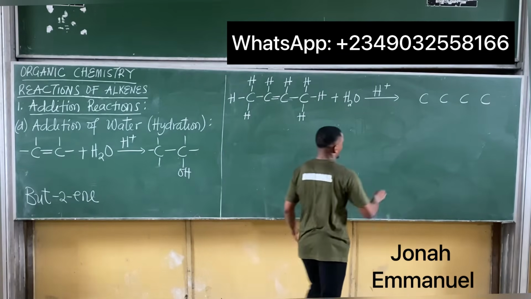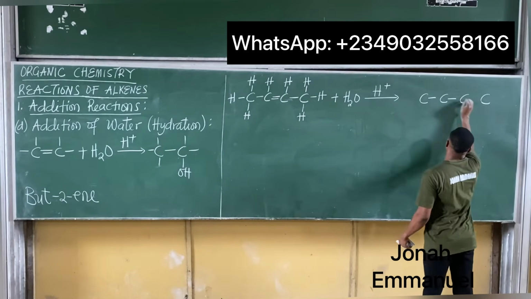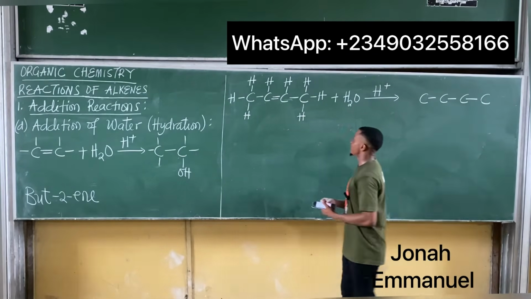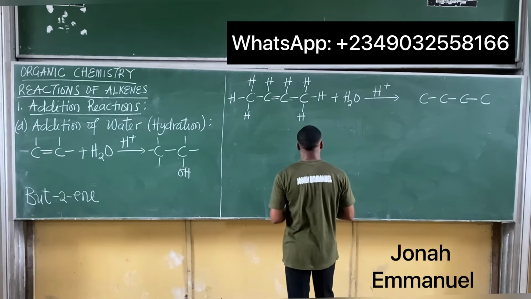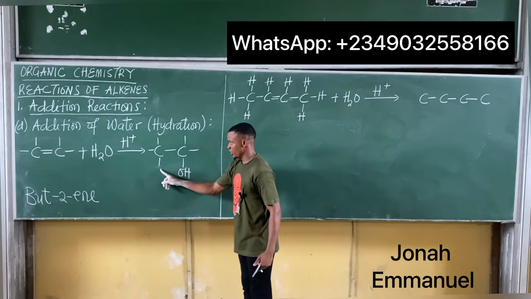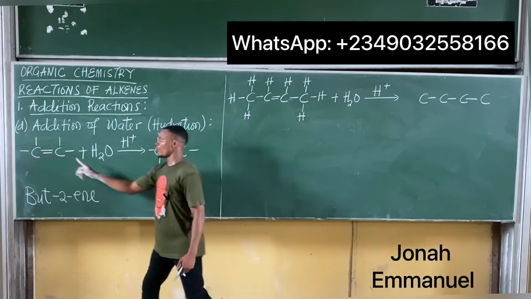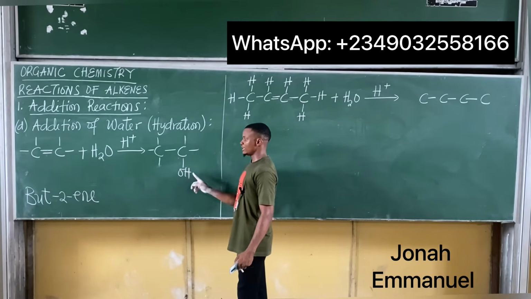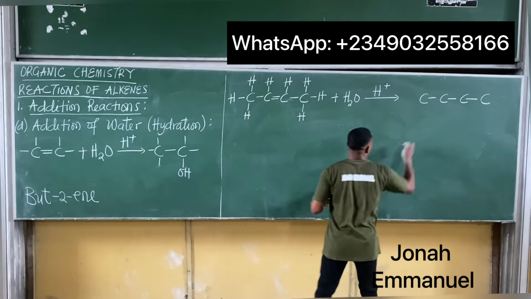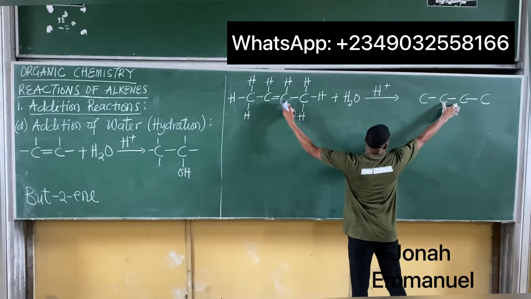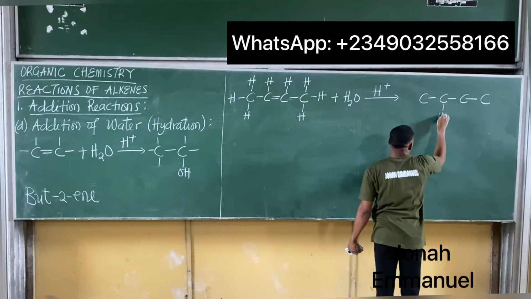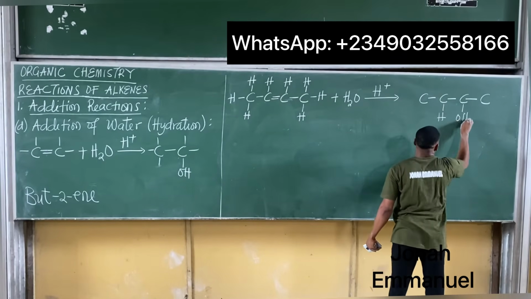That means it has to be a single bond. The idea will now be this: the 2 carbons bearing the double bond, one of them will take H, the other OH. So these 2 were the ones bearing the double bond. One of these will take H, the other OH.